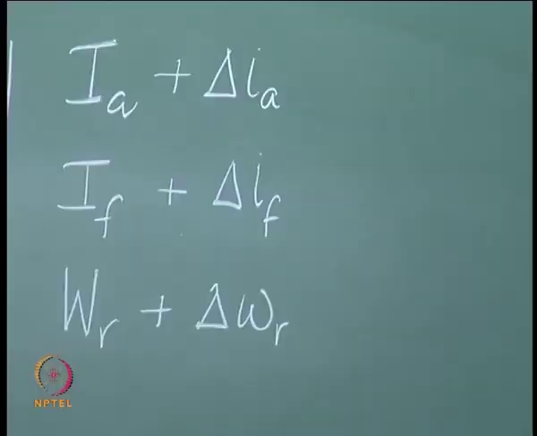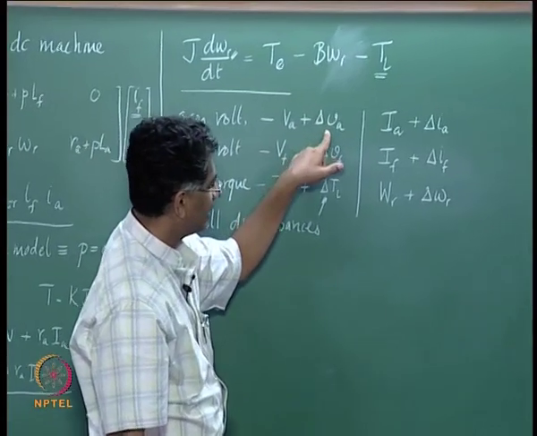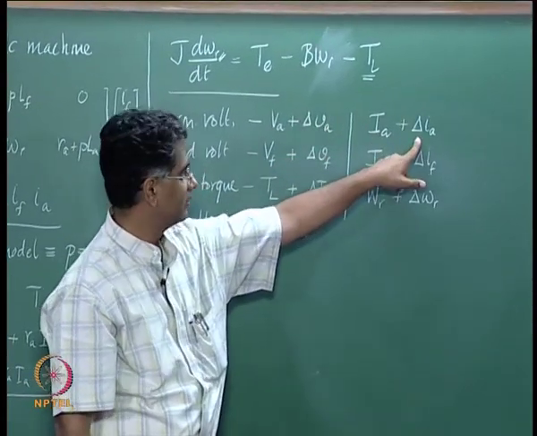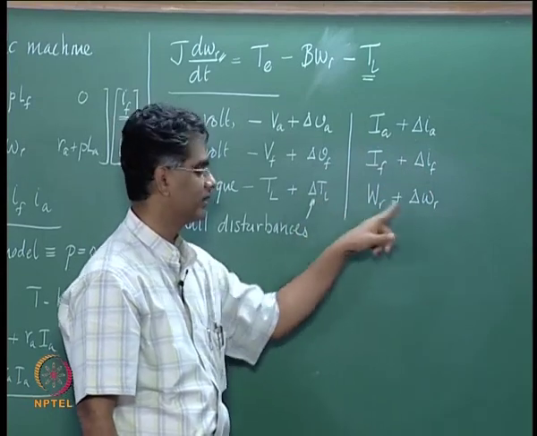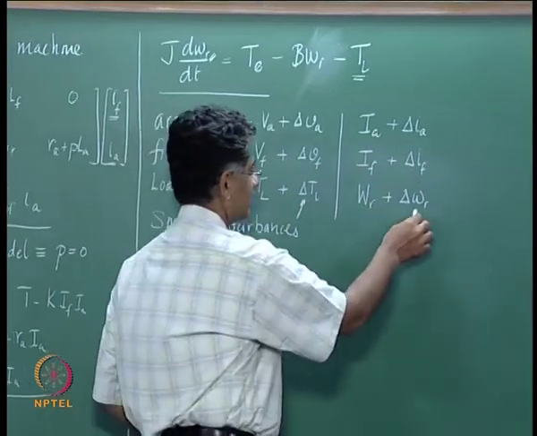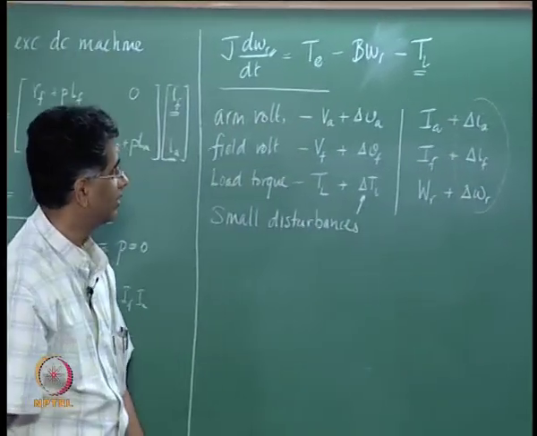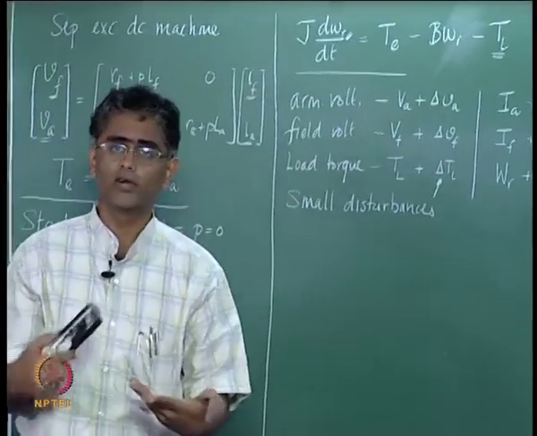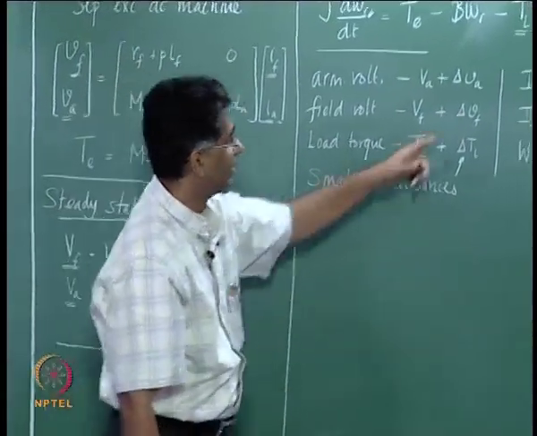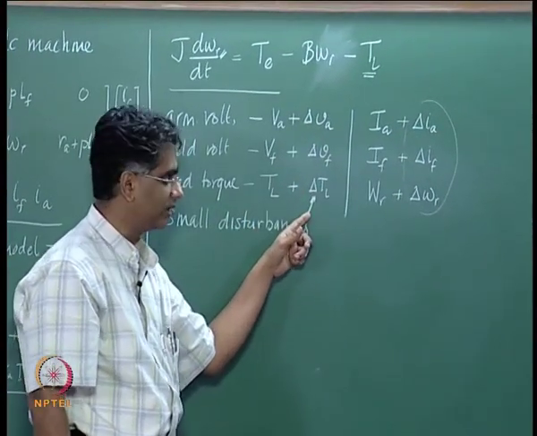It is also important to understand that it is not that delta Va results in delta Ia, or delta Vf results in delta If, or delta TL results in delta omega r. These responses would be the result of these three disturbances being suitably modified by the machine, and therefore delta Ia would be the result of all three being applied.